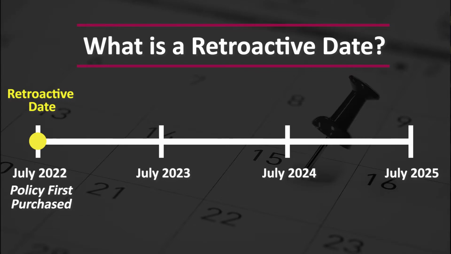As he renews that insurance policy year over year, the retroactive date stays the same, even though the policy period is moving forward. So at his policy renewal, the new coverage period will be July 1st, 2023 to July 1st, 2024, with a retroactive date still of July 1st, 2022.